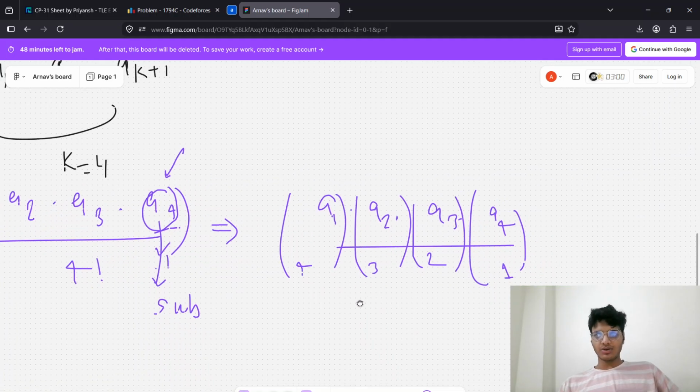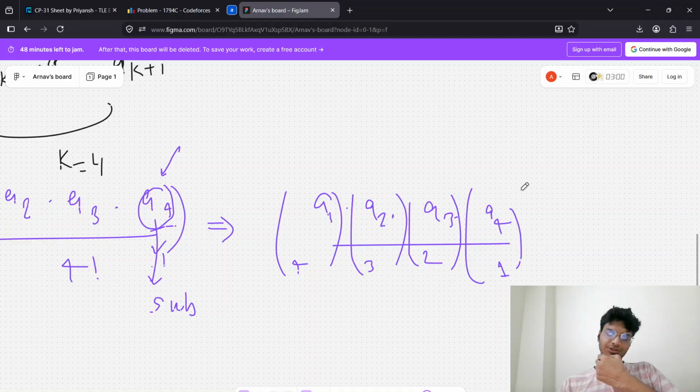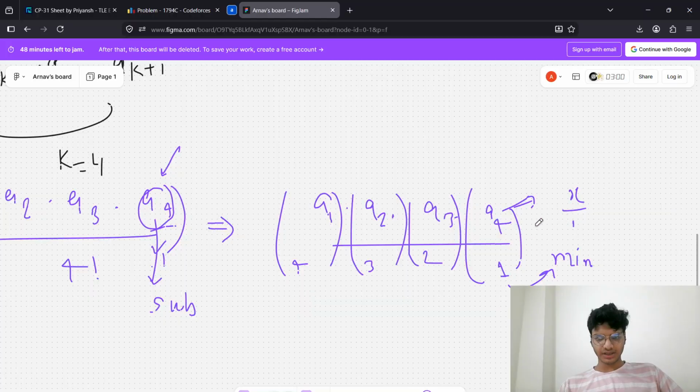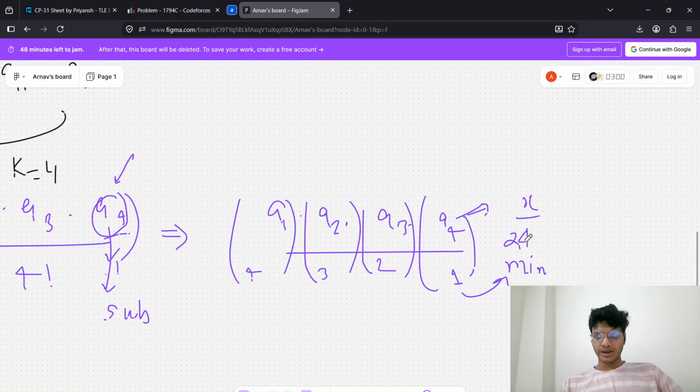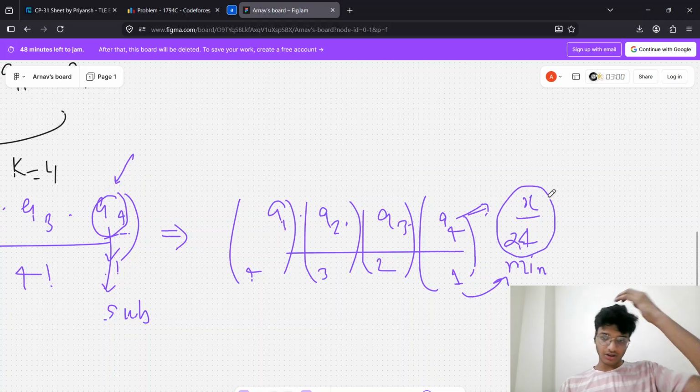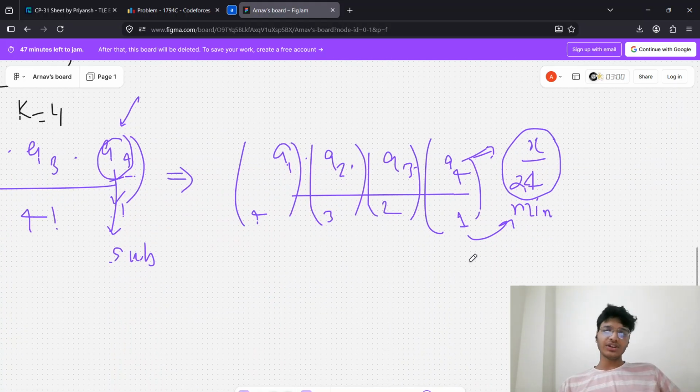Because A4 is the maximum value and we want the maximum value so far, we will try to divide it by some minimum value to get the maximum output so far. Even though overall you will say that it doesn't matter at all, because after all this will be x and this will be 24, that is 4 factorial. So it will be a unified value, but from our perspective, what if we have chosen this subsequence?